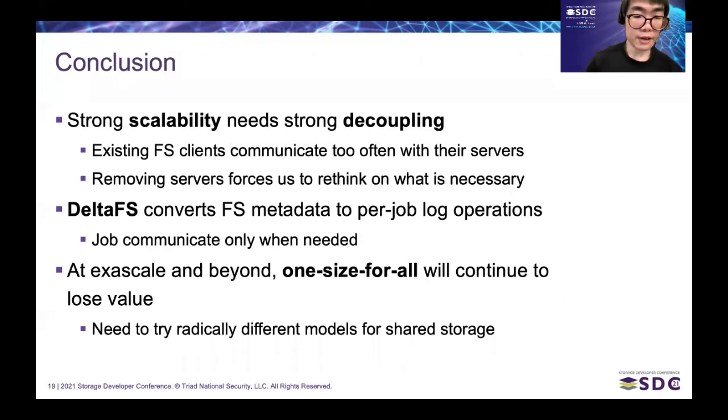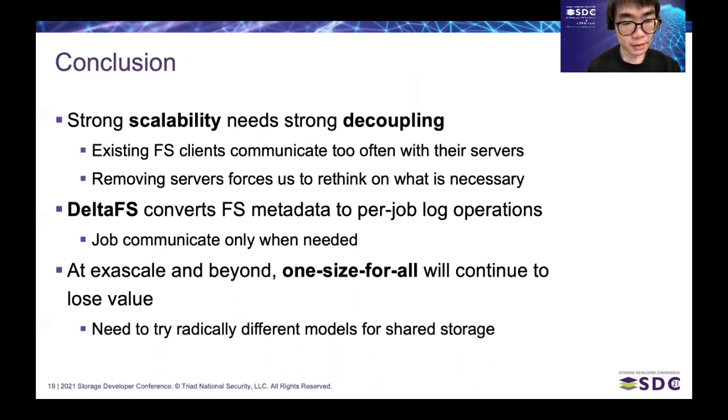Okay, so here is a quick conclusion. As cluster size gets bigger and bigger, if we want to achieve strong scaling, we need some kind of strong decoupling. Existing file system clients simply communicate too often with their metadata servers, and removing that communication forces us to rethink what is really necessary and redesign the file system accordingly.